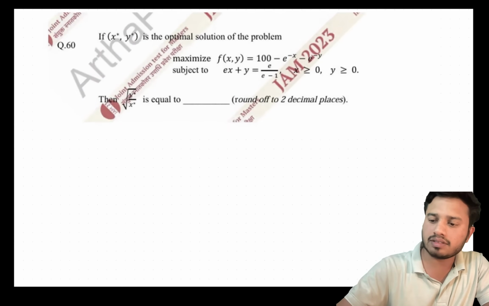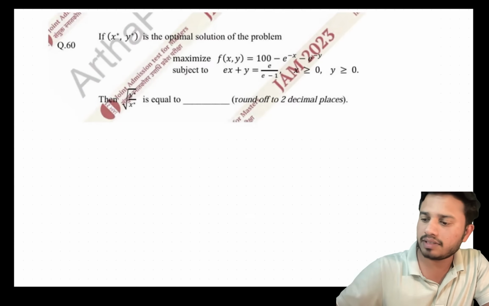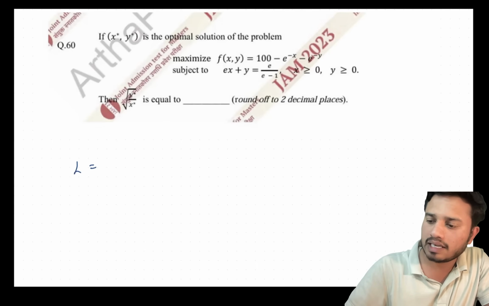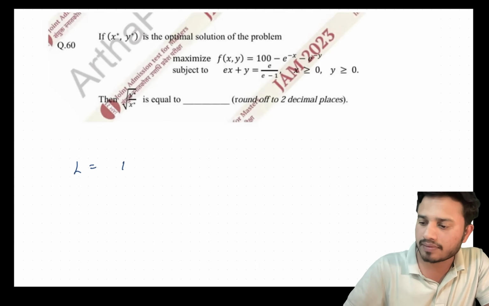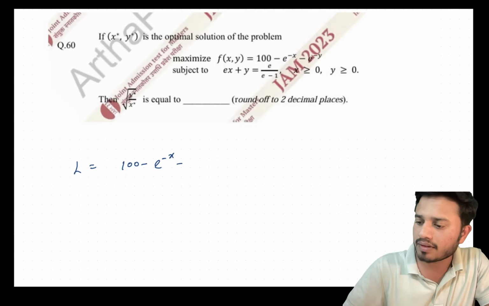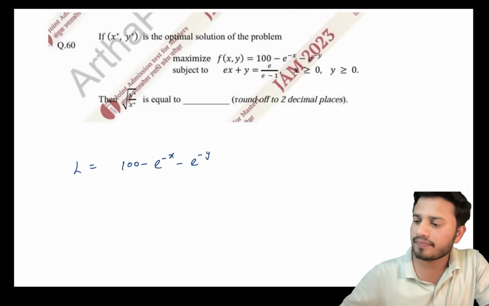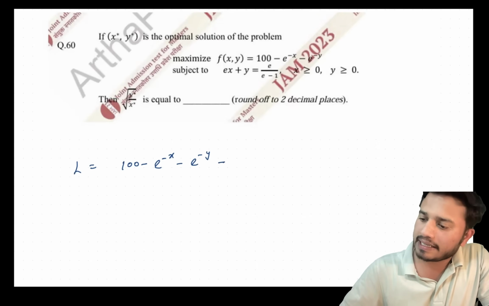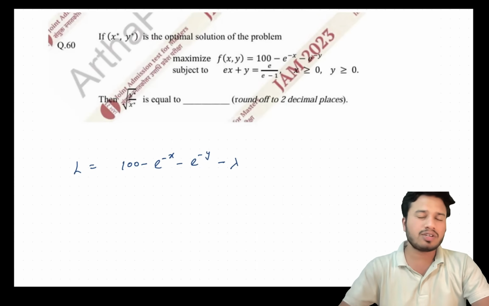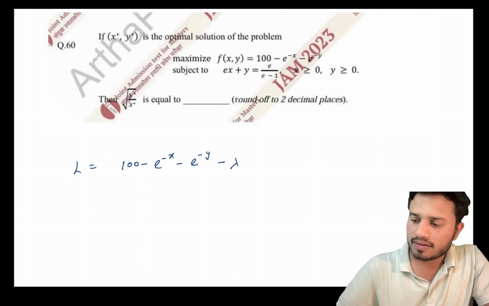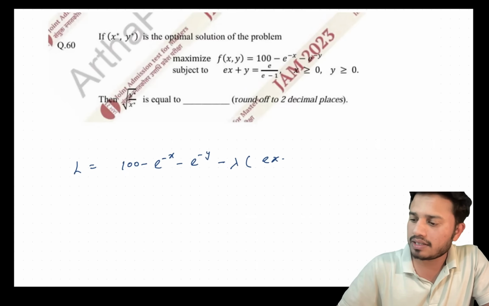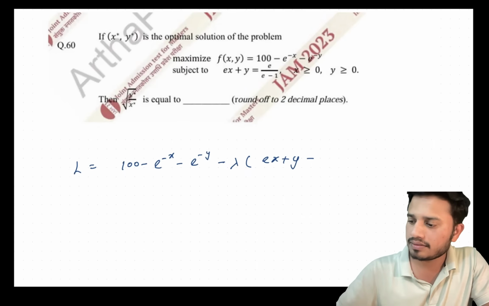Again, start with L. L is defined, L will be our main problem, that is 100 minus, then minus lambda or plus lambda, it does not matter. But what is our constraint? This side.